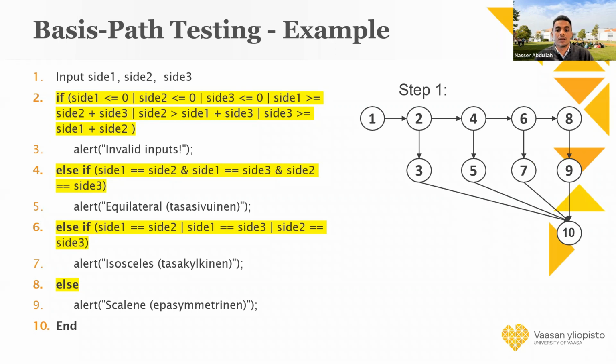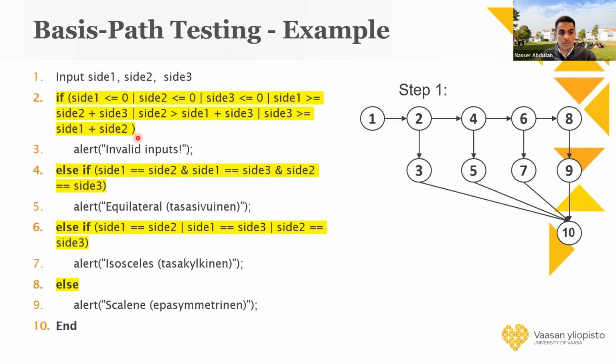So here we have the program, and here is the graph of this program. As you know, it's easy to draw this graph based on these numbers. Each node represents one instruction, and each edge is the flow from one node to another. From the first statement, which is the input, we go to the second statement, which is the first if.